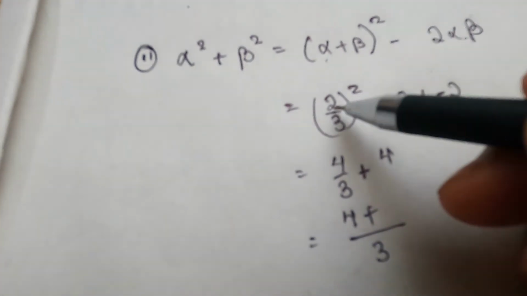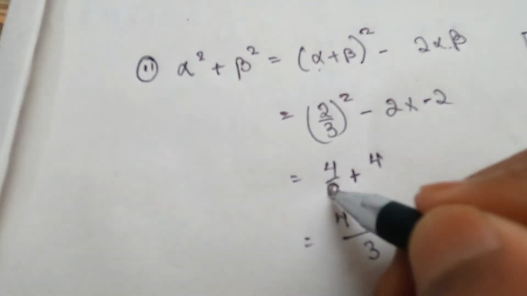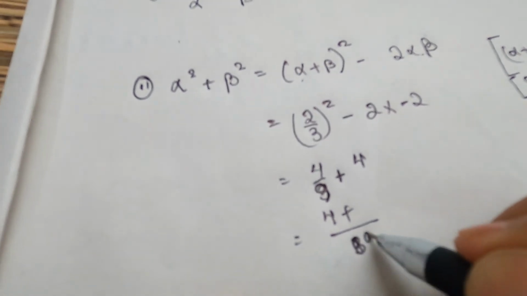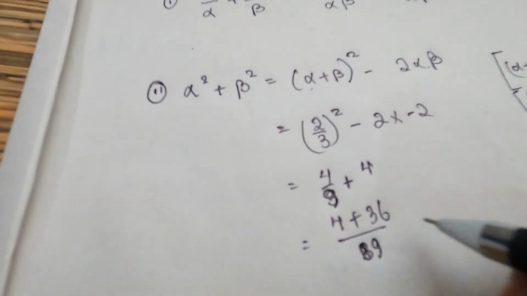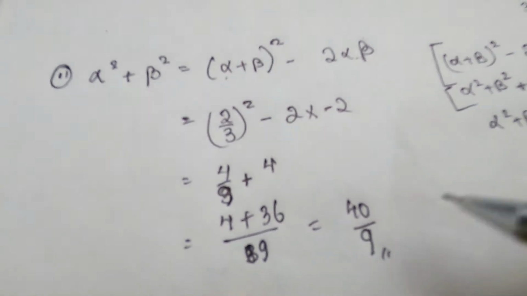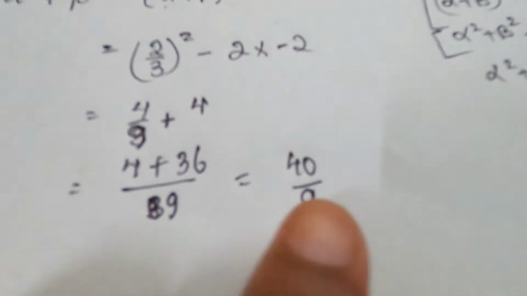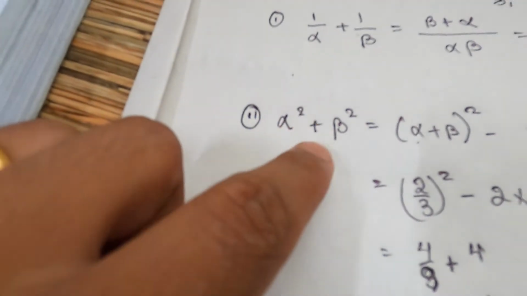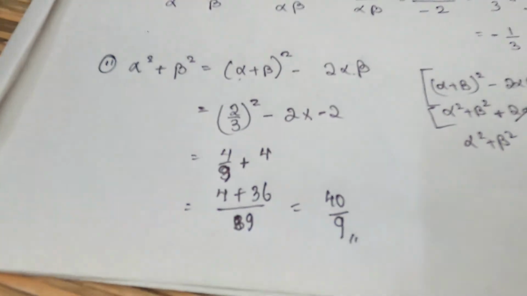Sorry, 2 squared is 4 and this one will be 9, so the LCM will be 9. So 4 plus 36 will be 40 by 9. This is the value of alpha square plus beta square.